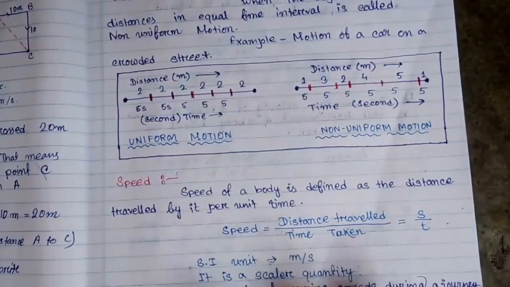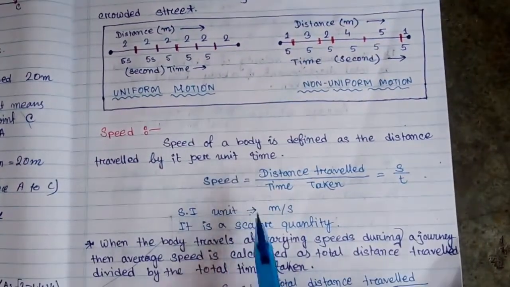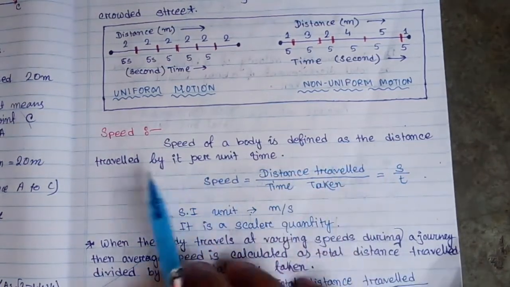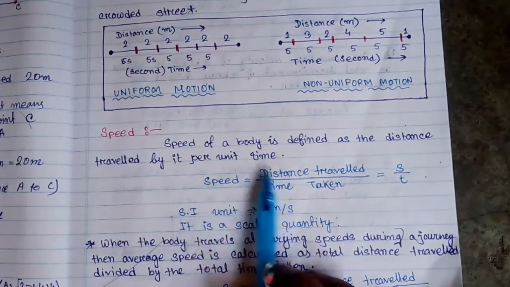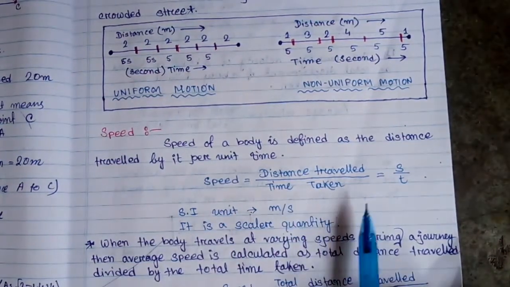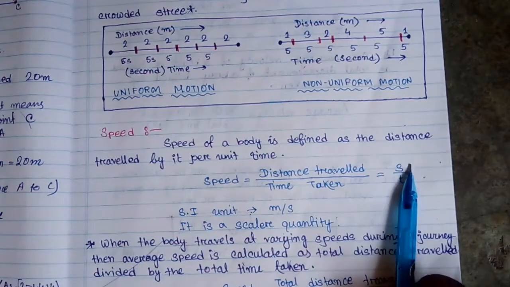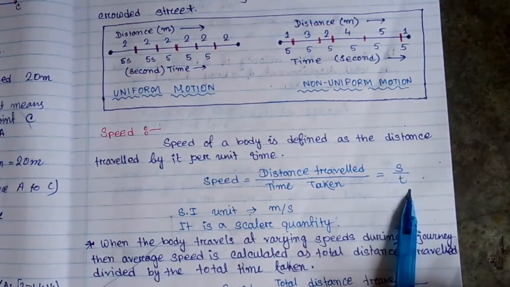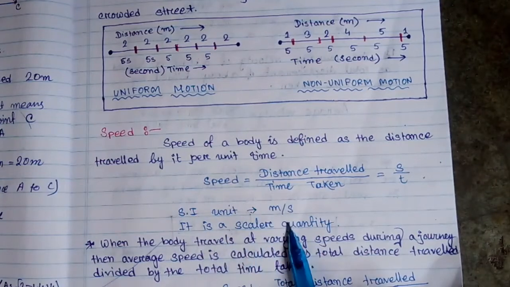Now we are talking about speed. What is speed? Speed of a body is defined as the distance traveled per unit time. That means speed is equal to distance traveled divided by time taken. If we represent distance traveled as s, then s by t will be the speed. The SI unit of speed is meter per second.